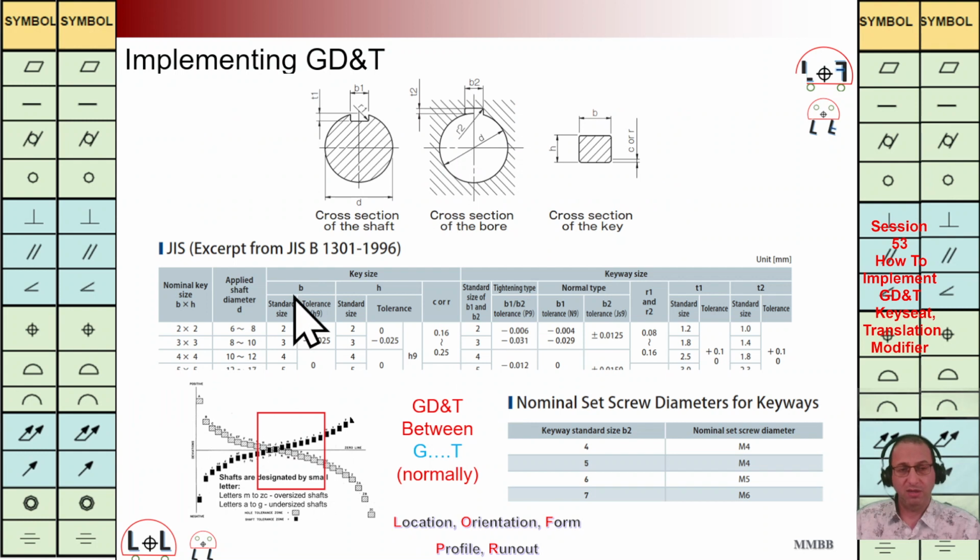Here we are going to have another example, another standard. It is JIS B1301-1996. We are going to have, let's say here, tolerances for different key sizes and let's say key width. What should be the tolerances for that? It is going to mention.